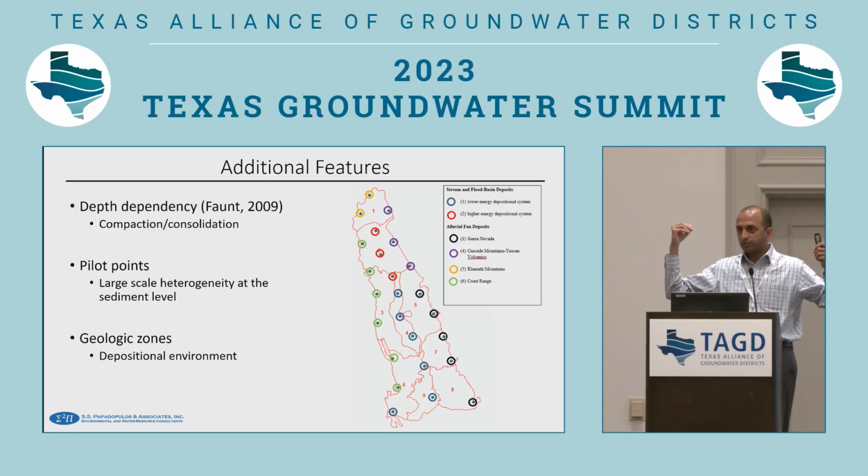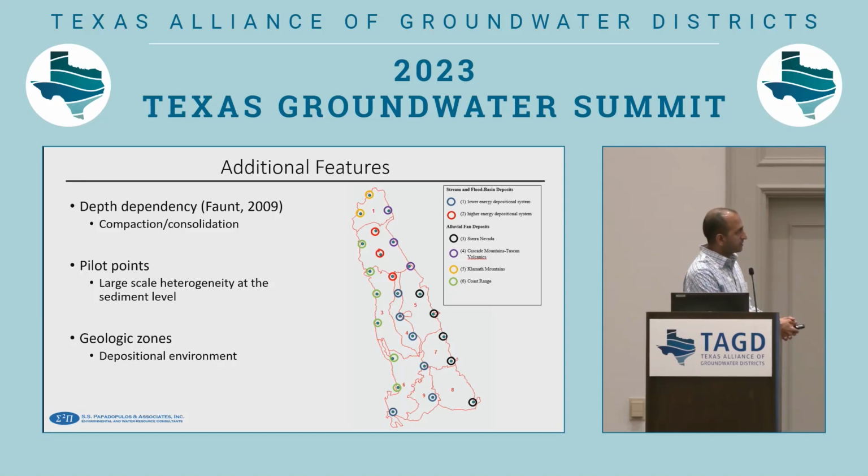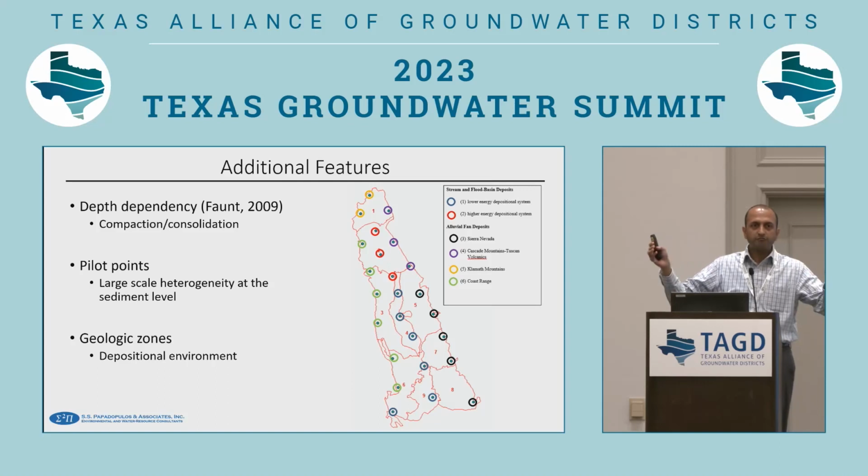So even if you're saying 100% sand, 100% sand on one side of the valley, for example, this is the Sierra Nevadas versus this is the coastal range, the meaning of sand could be different. And to accommodate that large-scale heterogeneity, this tool can accommodate that heterogeneity using pilot points.